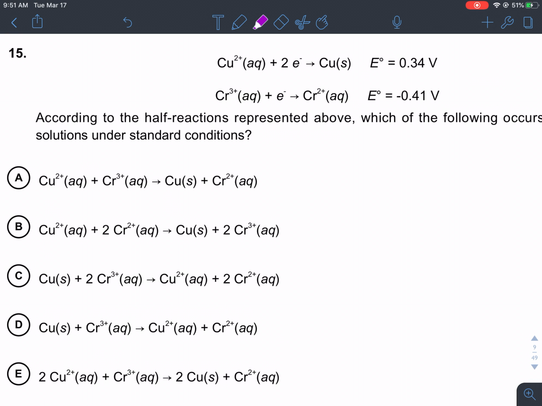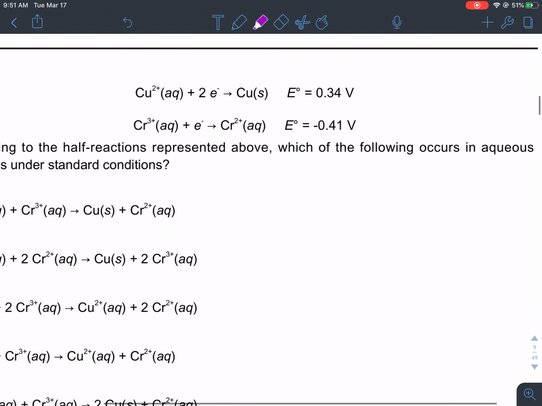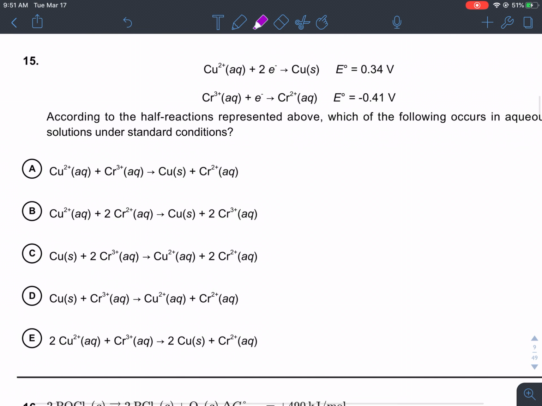According to the half reactions represented above, which of the following occurs in an aqueous solution under standard conditions? It's saying this thing occurs under standard conditions, which means it's occurring spontaneously. The word occurs means it's spontaneous.